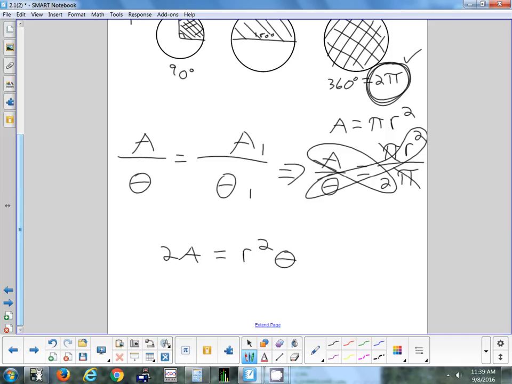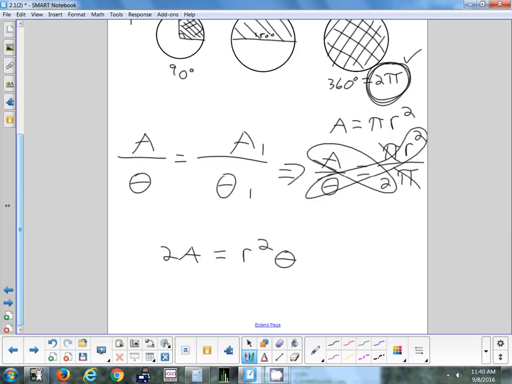Okay, so I got 2 times A equals r squared theta. Now the only problem is I don't want a formula for double the area. I want a formula for just area. A equals. So how would I get A by itself? Divided by 2.